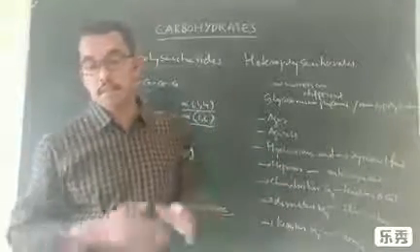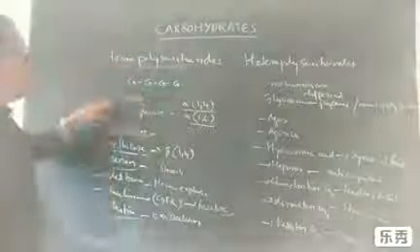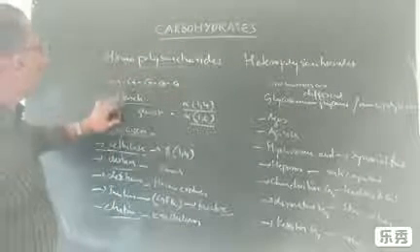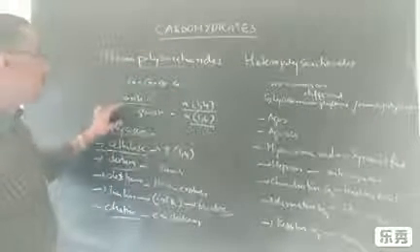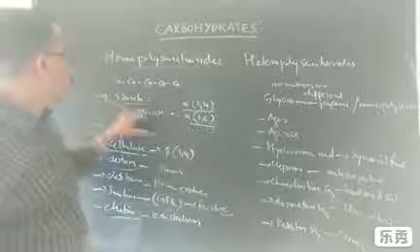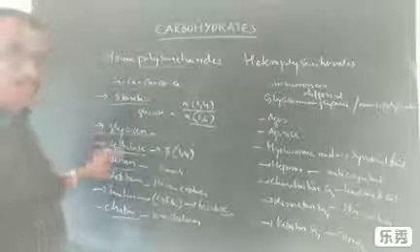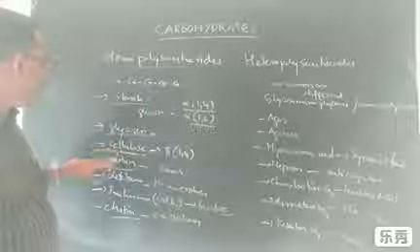Then starch, we will say, is an example for polysaccharides. Starch is the plant storage form of glucose, like glycogen is the animal storage form of glucose. Cellulose is present in the plant cell wall.